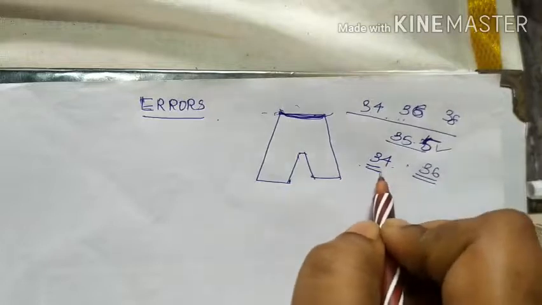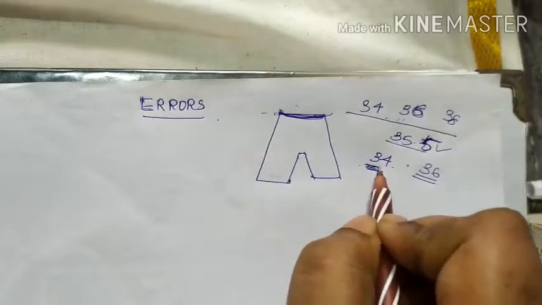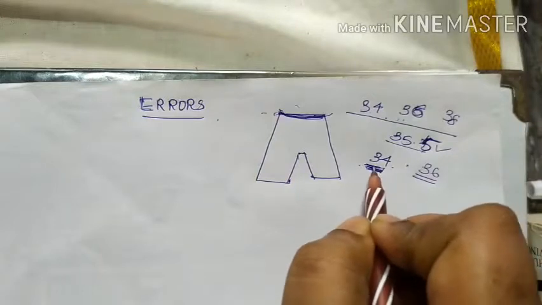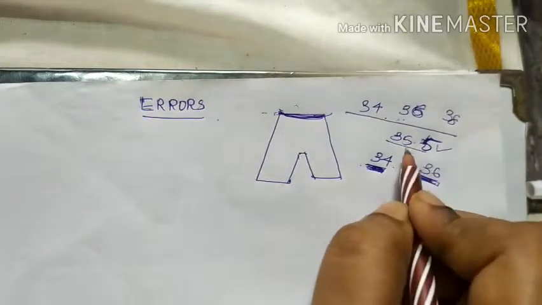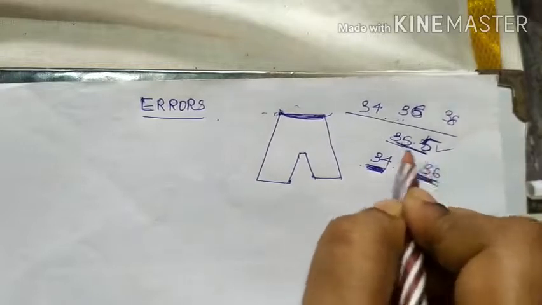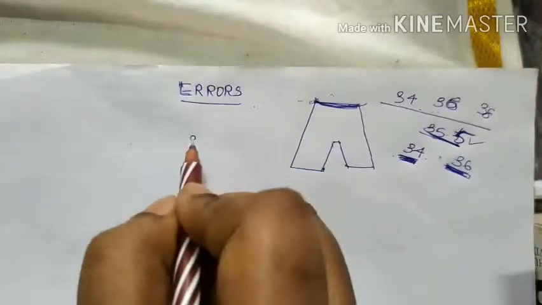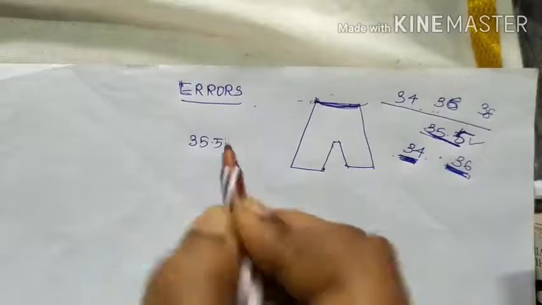So that means the pants can be of the size 34 or 36. This is my actual measurement, right? It is 35.5. That is my actual measurement.